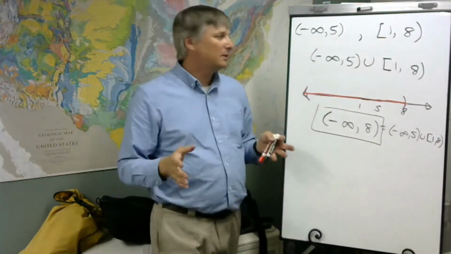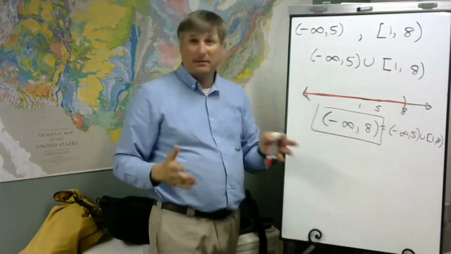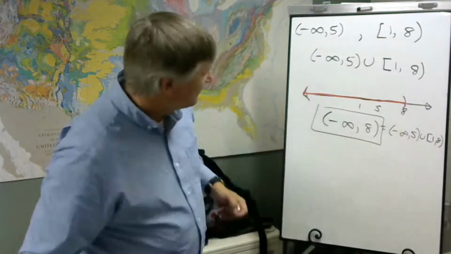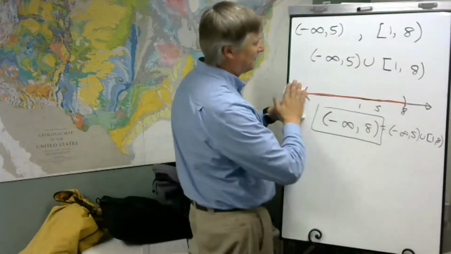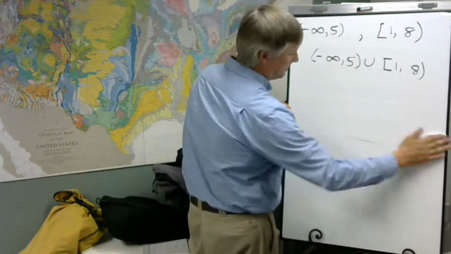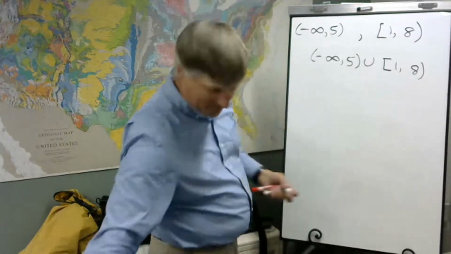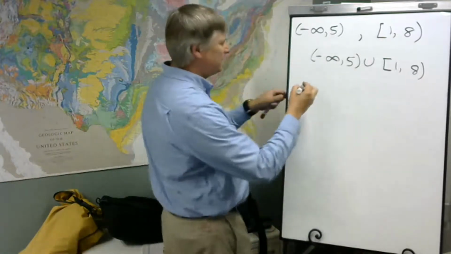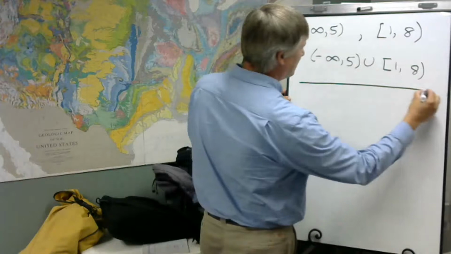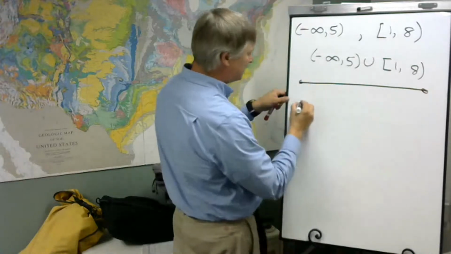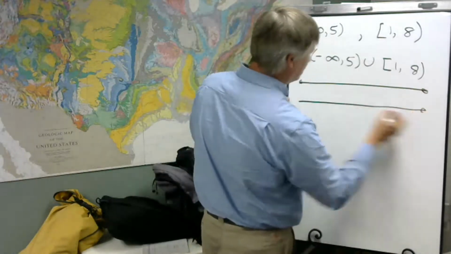I'm going to try that again using the sort of drawn out method I used last time. So for the method I used last time, I have a number line for each interval.